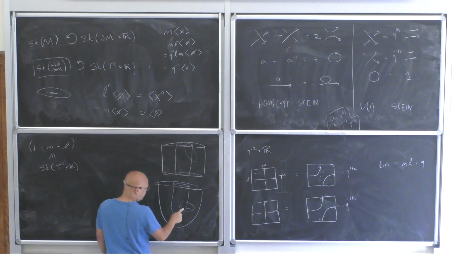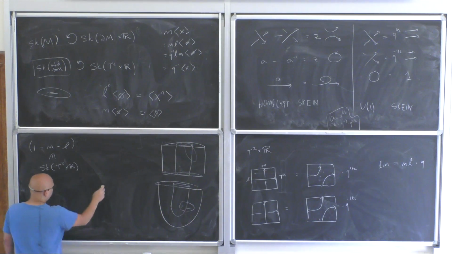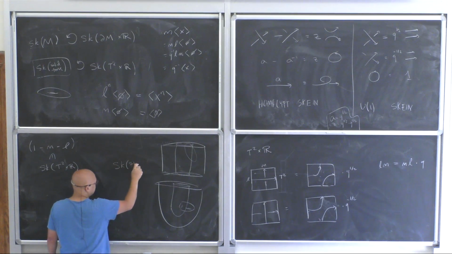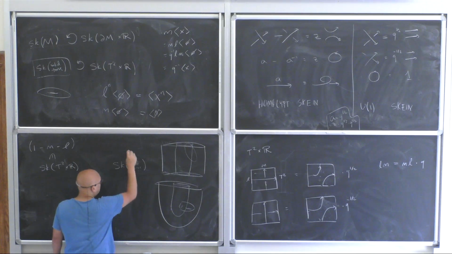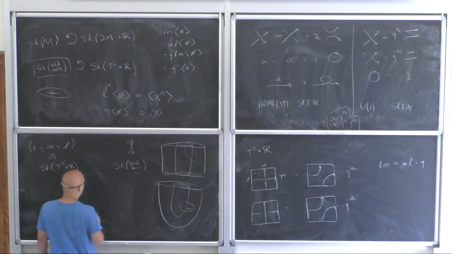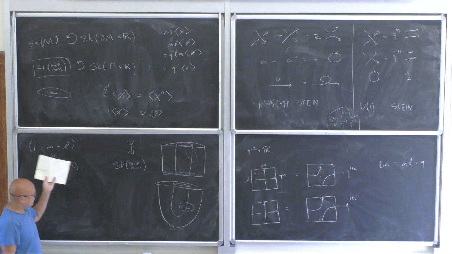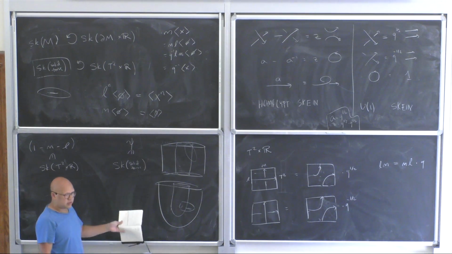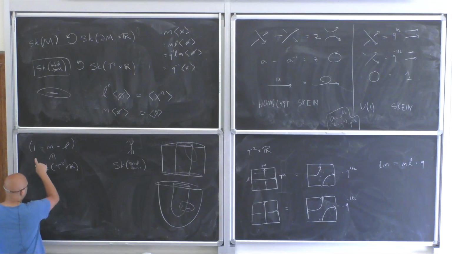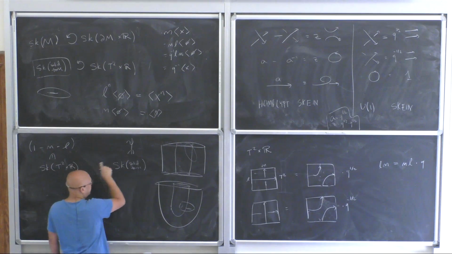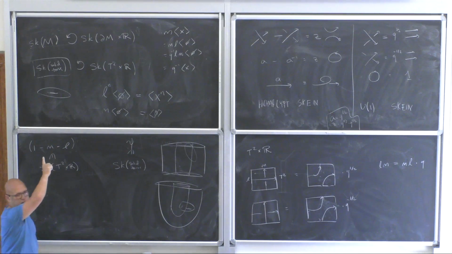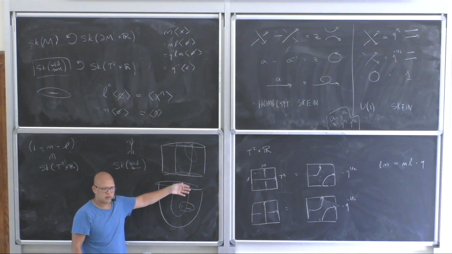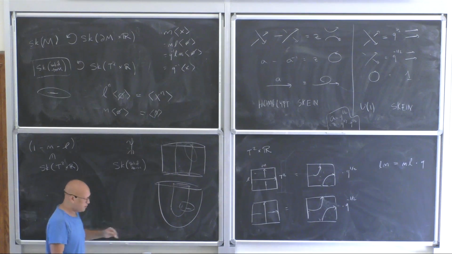The count down here lives inside the Skein of the solid torus, and the count up here was this 1 minus m minus l or whatever. So when Tobias said that something was 0, the thing that was 0 is this operator applied to this element under that action, because that's what happens when you glue these back up.